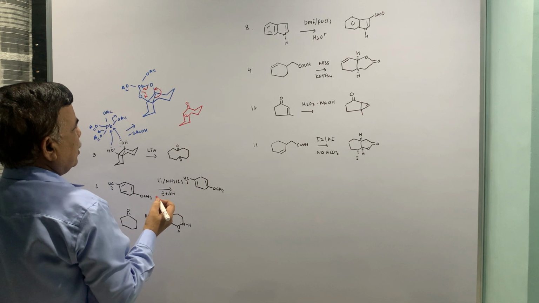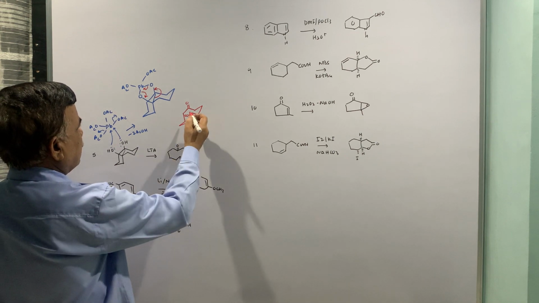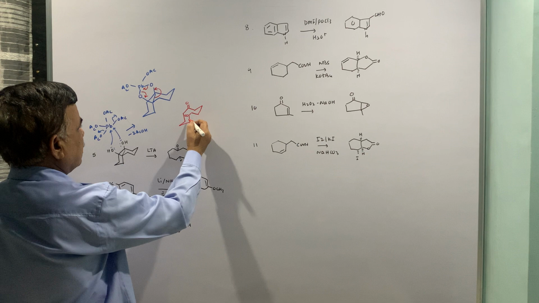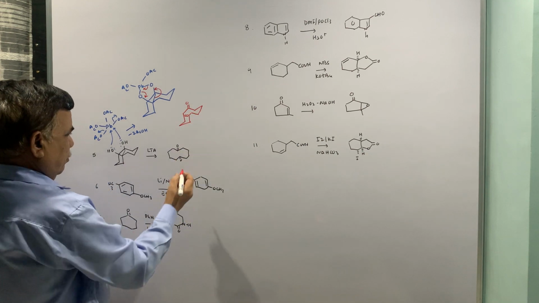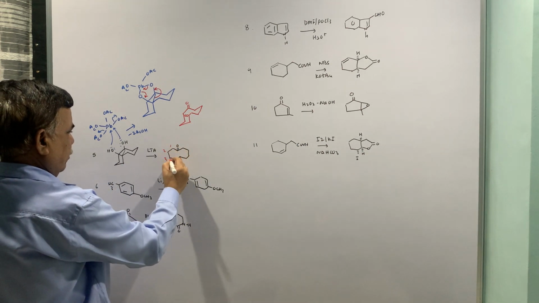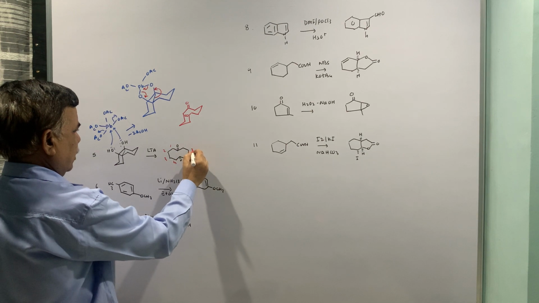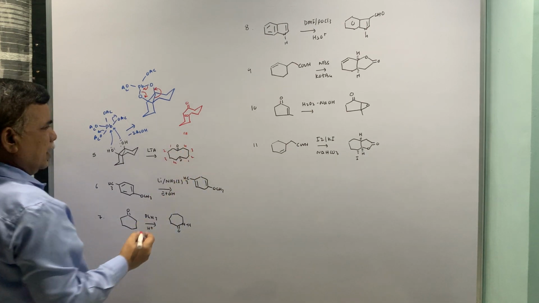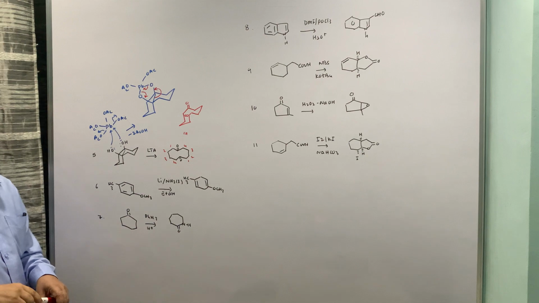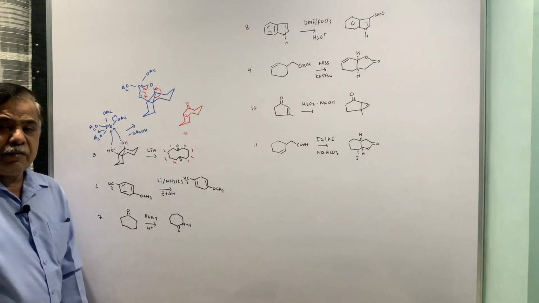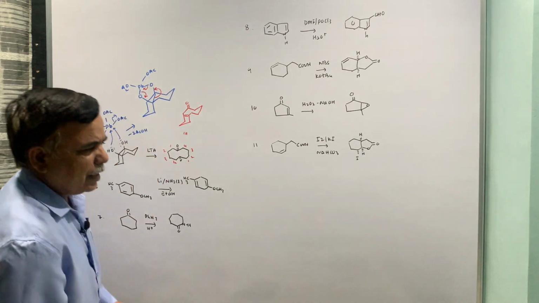The relative position is, it is having 4 intervening methylenes from either side, 1, 2, 3, 4, 1, 2, 3, 4. So these two are identical. So that is oxidative cleavage of diol using lead tetraacetate.